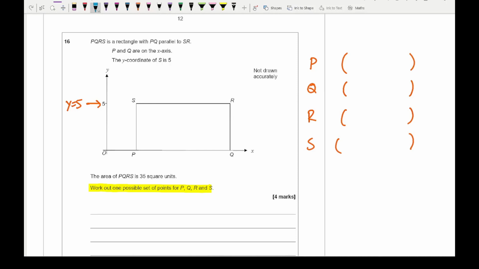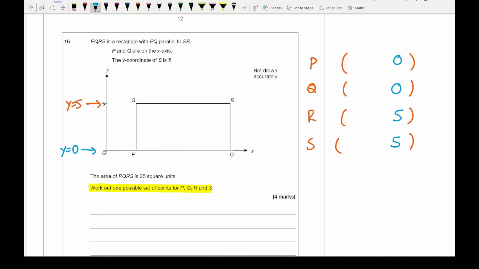Here we've got S with a y-ordinate of 5, and R with a y-ordinate of 5 as well. Now in terms of P and Q, we know that they lie on the x-axis, so that's going to be a y value of 0. So the y-ordinate for P and Q is going to be 0. So here we've got our y-ordinates for P, Q, R, S.